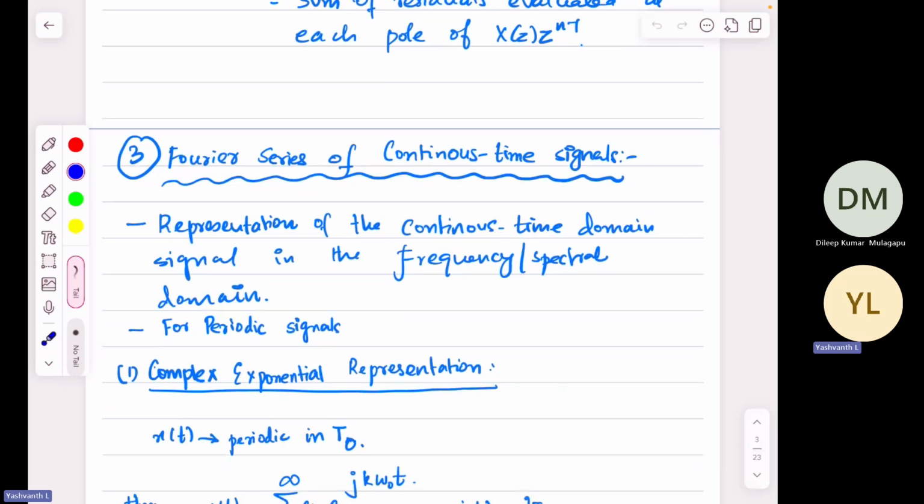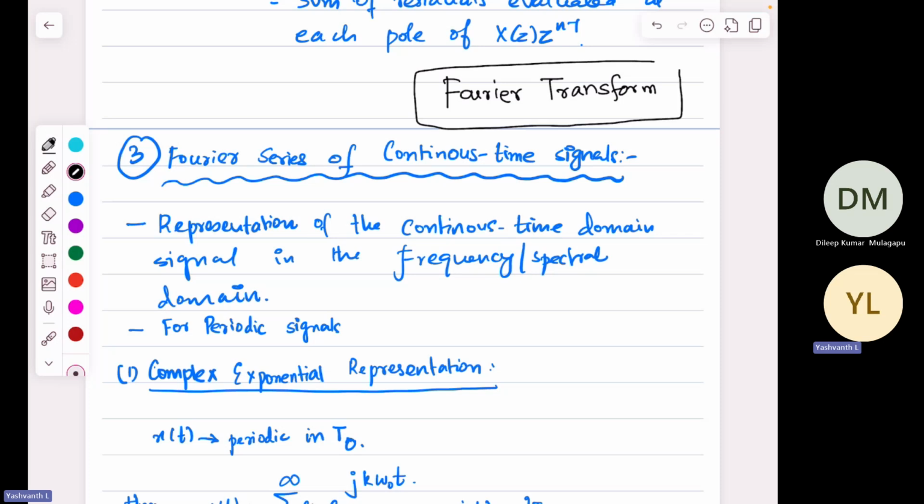Now, the third type of transformation is a very important transform called the Fourier transform. A Fourier transform is a very beautiful transform. That's because it has an interpretation as the frequency domain representation of a given time domain signal. But before going into Fourier transform, we will see something called a Fourier series.